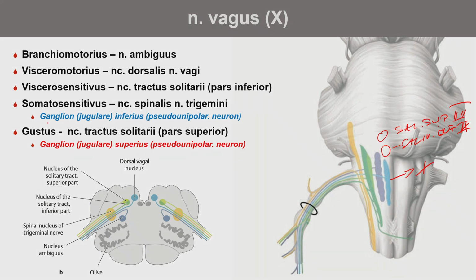And what is sometimes very frequently forgotten is that there is also an important part of gustus, of taste sensations. Those taste sensations are not from the tongue. This is from the epiglottis region, so from the aditus laryngis.